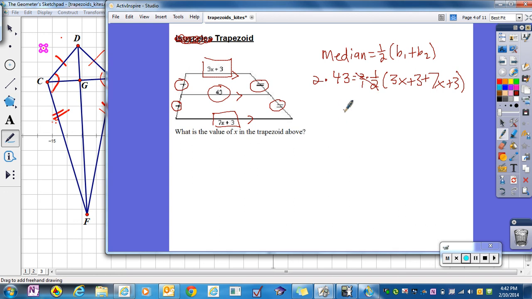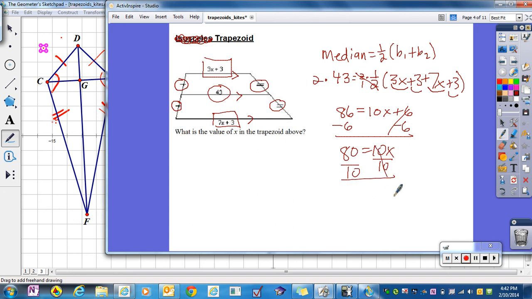So 43 times 2 is 86, so I get 86 equals, combine my like terms, 3x plus 7x is 10x, and then 3 plus 3 is 6. Now it's a two-step equation, so I'm going to subtract 6 on both sides, so I get 80 equals 10x, divide both sides by 10, and I get x is equal to 8.